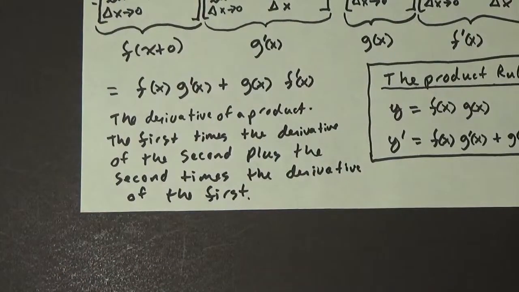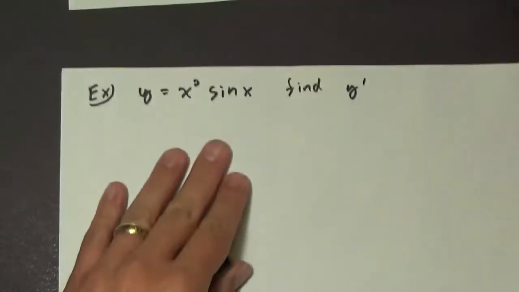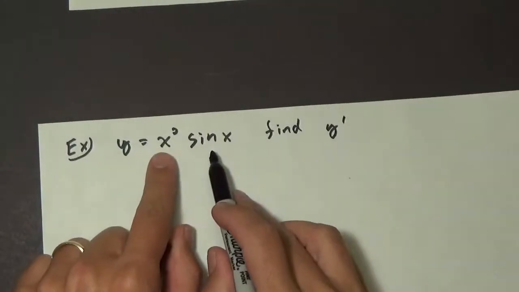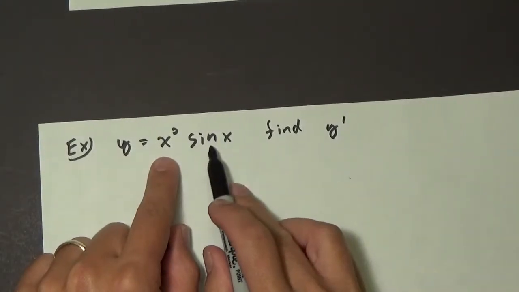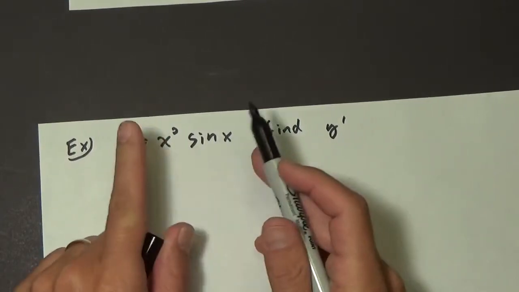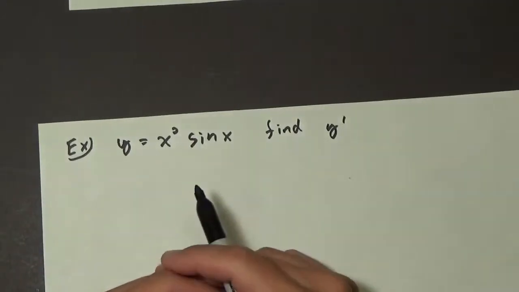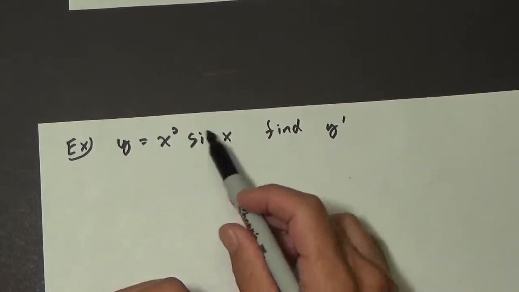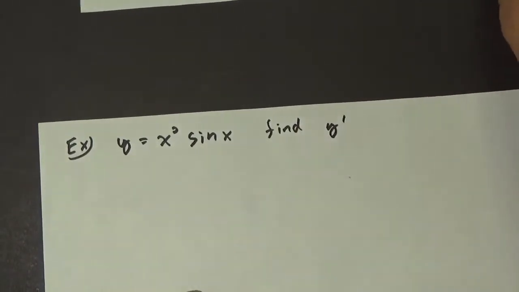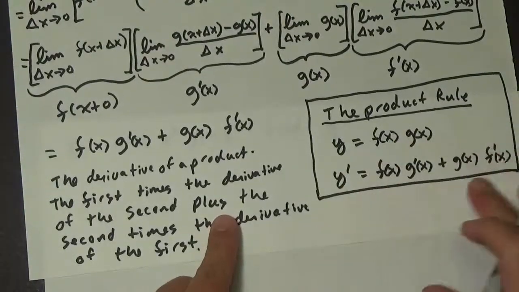And when it comes to the product rule, it's actually fairly forgiving because, if you think about it, multiplication is commutative. So if I write x squared first and sine of x second, that's okay. But if I decide to switch it, because it is commutative, then sine of x would be first and x squared would be second. The big thing to remember is you do have to use this rule somehow.